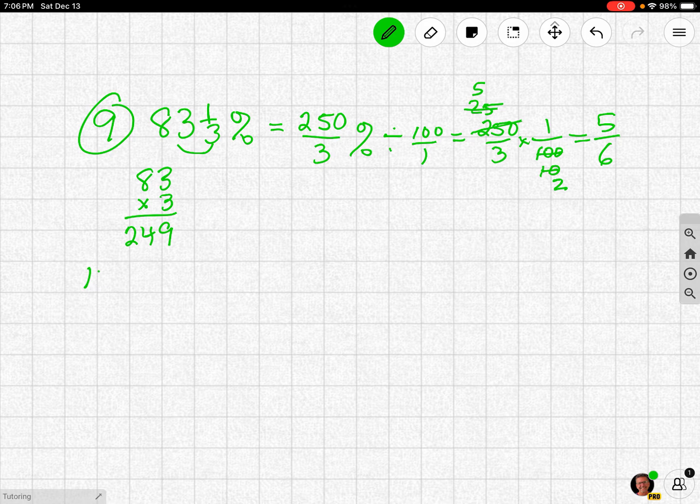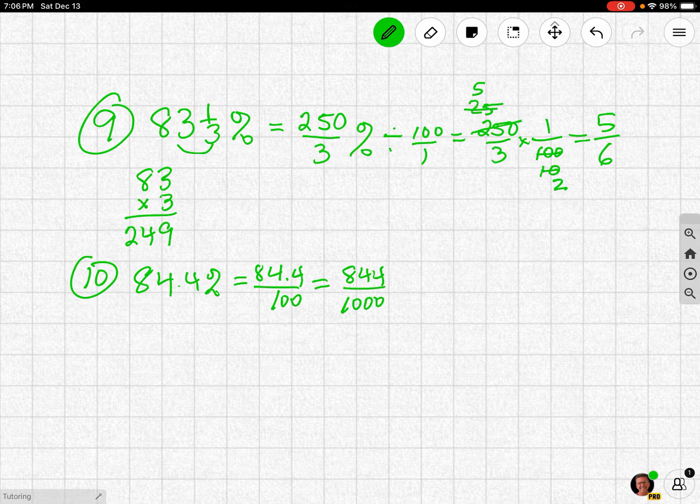All right, then number 10, 84.4% is equal to 84.4 over 100, because that's what percent means, which is equal to 844 thousandths, because I can multiply by 10, and I can simplify that. I bet I can divide by 4.